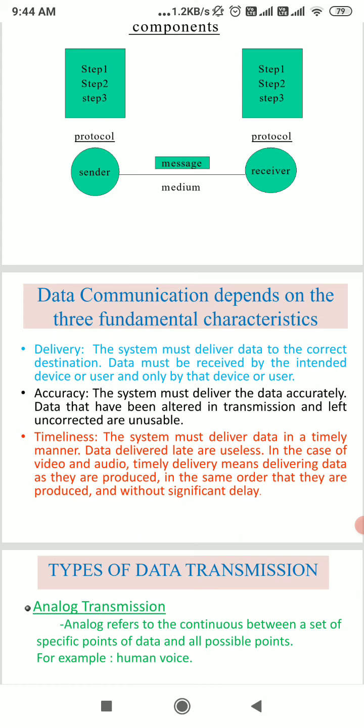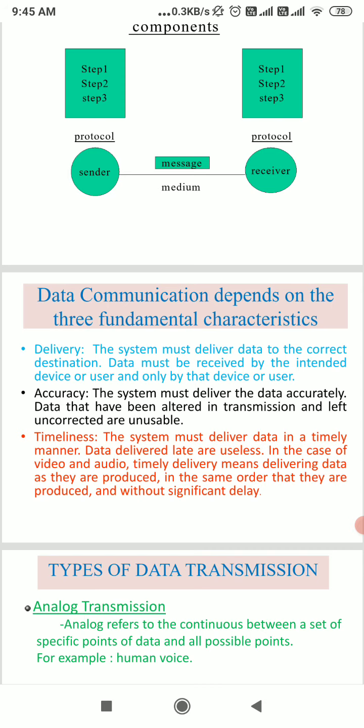When we talk about timeliness, what do we say? When we are doing communication, we send data and the receiver will catch it, but it will take some time. Whenever we are sending data, if the data is delivered late, of course we say it is useless.